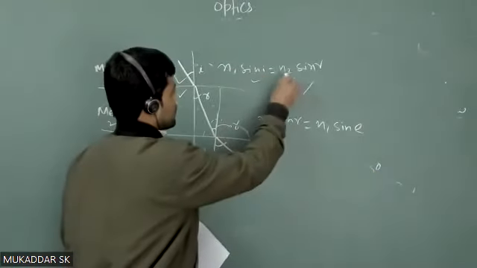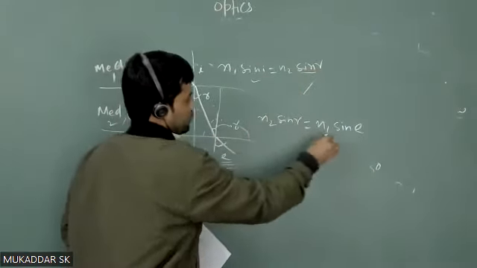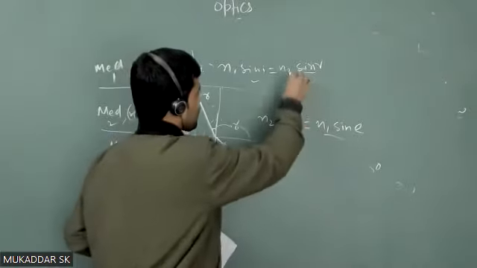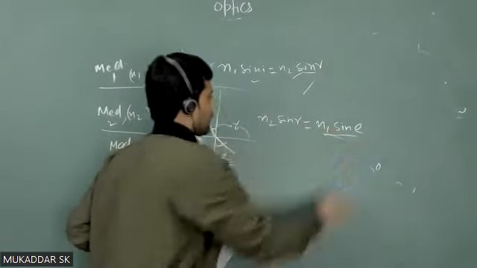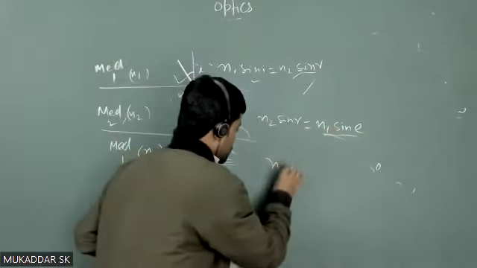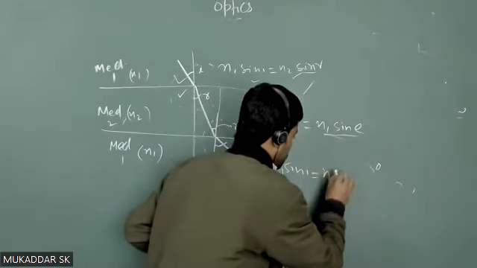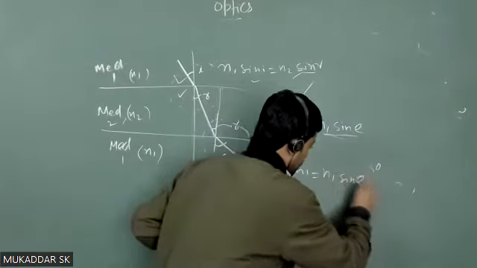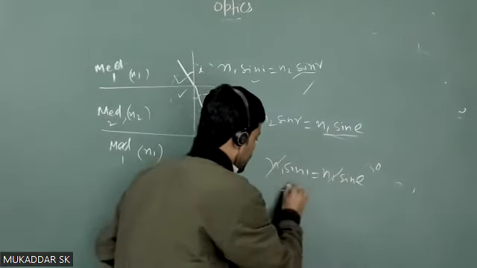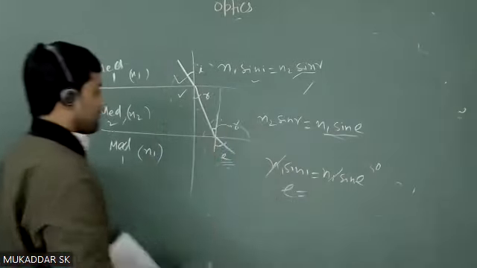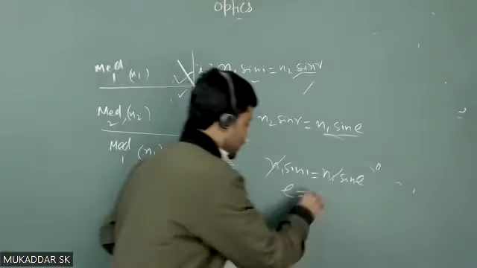Now from these two equations, since N2 sine R equals n sine E, in this equation I'll substitute this value. So n sine I should be equal to n sine of E. This will be cancelled. We'll get that this angle will be same as angle E.